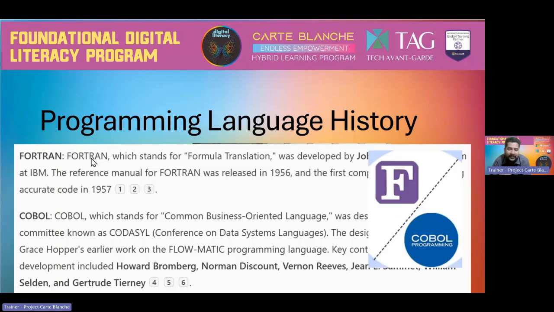Then after Fortran and COBOL, there was a transition taking place, and slowly the scientists became more inclined toward the English language, and more high level languages came into the picture, which can give proper instructions to the computer, something like C, C++.